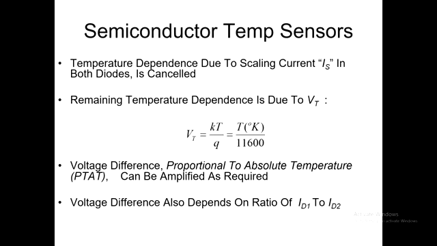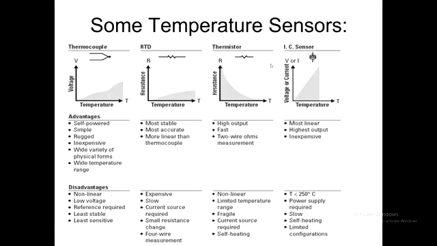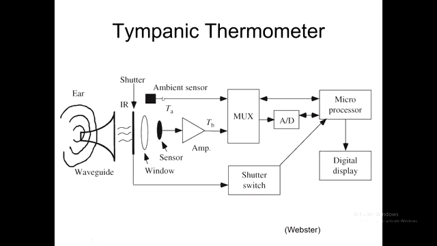However, there are better ones, and some of those better ones are used for calibrating the reference point for thermocouples, and would be the sort of thing that would be used in your ear thermometer.